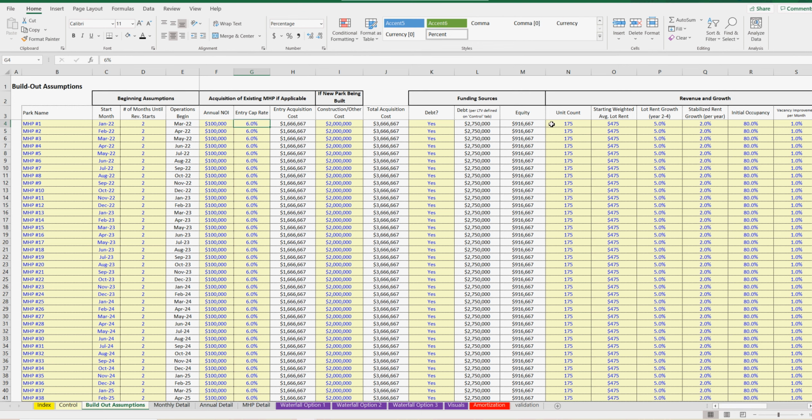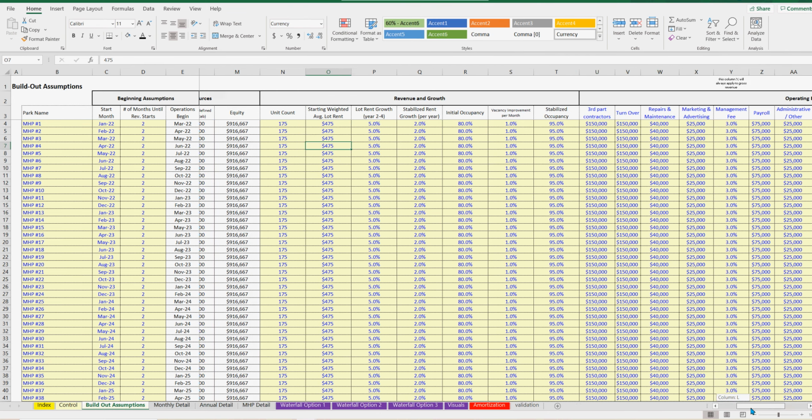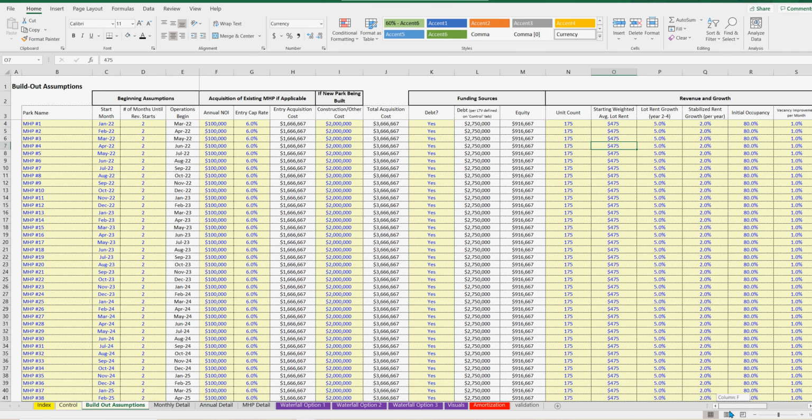The assumptions will work for either, because essentially you have unit count and you have weighted average lot rent, and then you have growth of those in occupancy over time, and then the expenses. So that is super flexible for any of those situations.